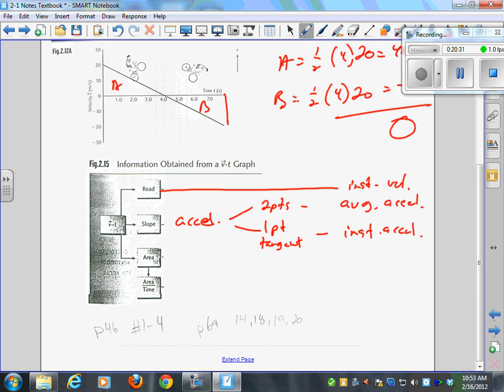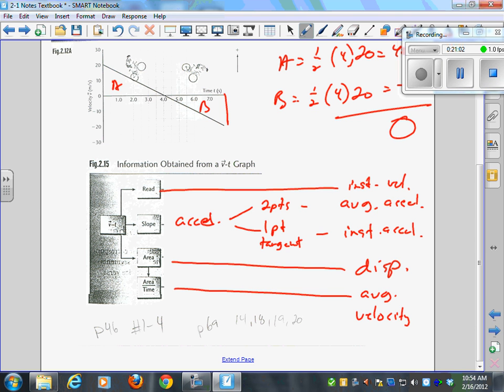And if I find area, well then that gives me displacement. And if I take area divided by time, well that gives me average velocity. Really, this little chart is exactly like I showed you the other day. Those 2 column charts, it's basically the same information, just mixed up and reworded a little bit differently.